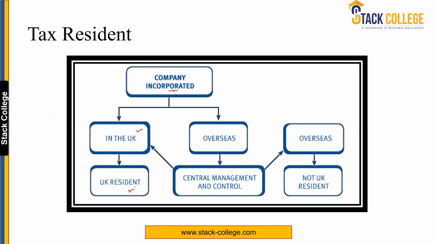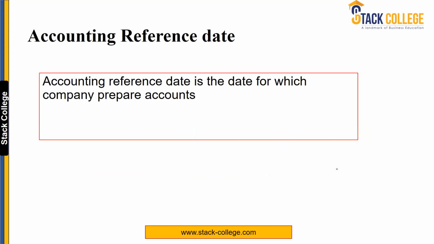And if a company is incorporated somewhere else overseas, then we'll see where the central management of the company is. If central management is located in UK, then it's a UK resident company. And if it is overseas, then it is classified as a non-UK resident company.